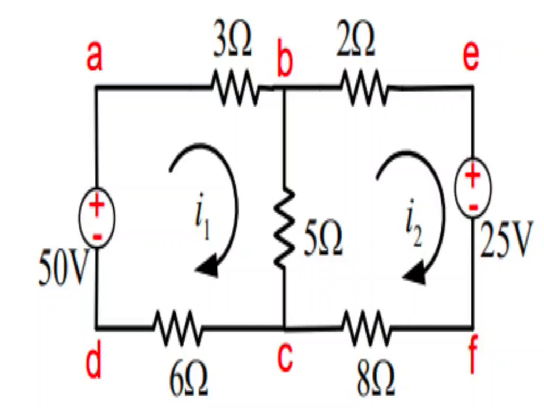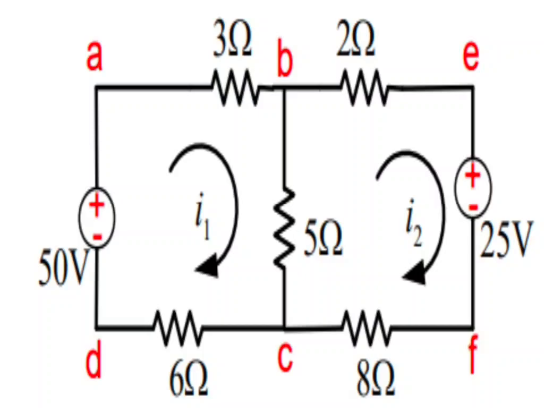KVL is Kirchhoff's voltage law: the sum of voltage drops is equal to the sum of voltage rises. Around the entire closed path, the summation of voltage values should be equal to 0.